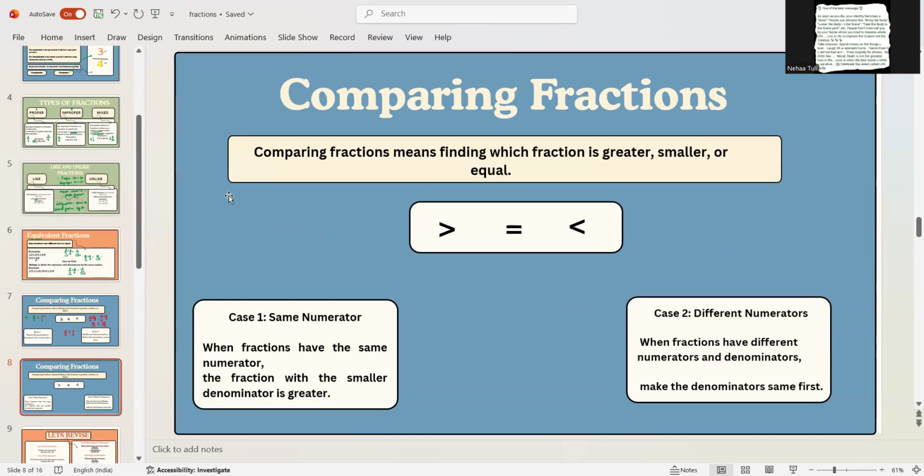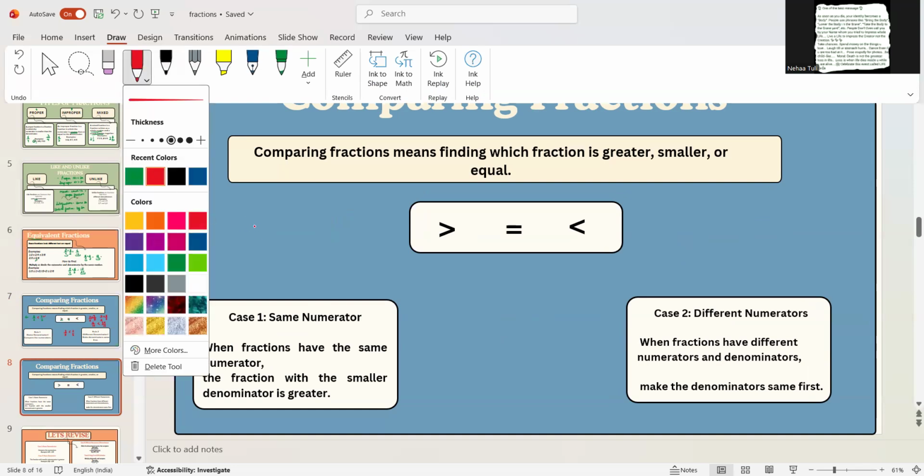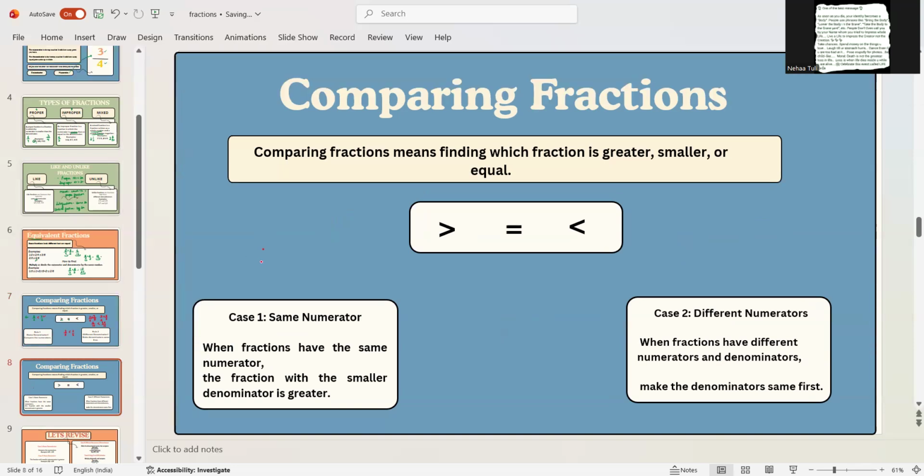If the numerators are same, like we can say that, when fractions have the same numerators, the fraction with the smaller denominator is greater. Like 3 upon 5 and 3 upon 7.